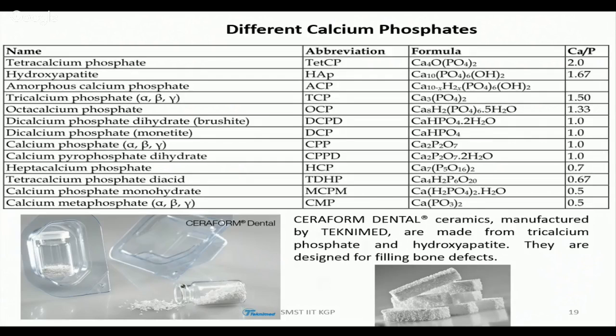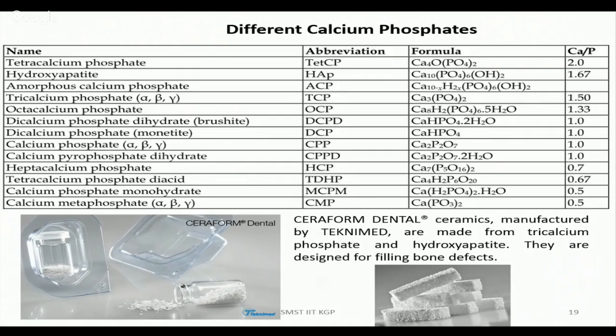When you are doing the EDX, you get some calcium phosphate ratio, and from that you can predict the composition. Is it similar to tetracalcium phosphate in terms of the ratio of calcium and phosphate, not in terms of phase? So for phase analysis you have to do XRD.